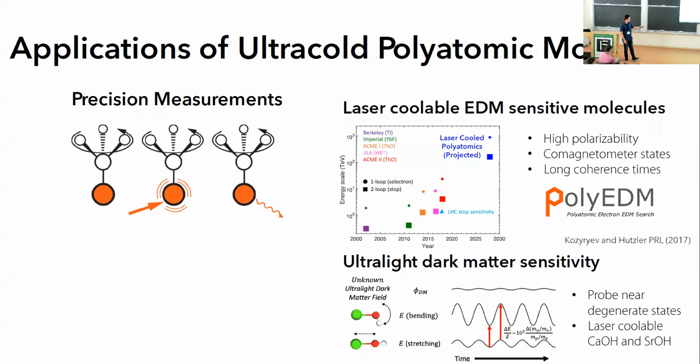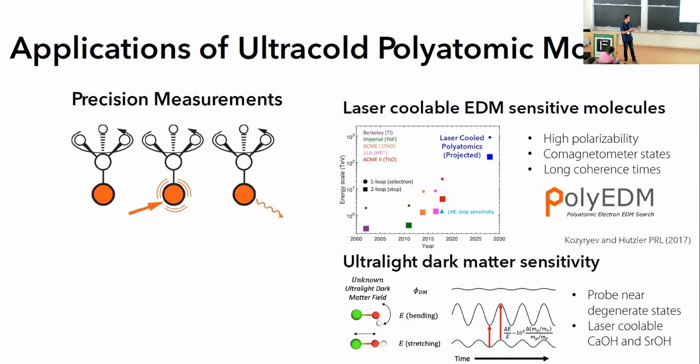One can also imagine other precision measurement searches, specifically looking for ultralight dark matter, where you use the fact that these polyatomic molecules have various internal degrees of freedom. Specifically, they have bending modes and stretching modes, and these would couple differently to some sort of background dark matter.